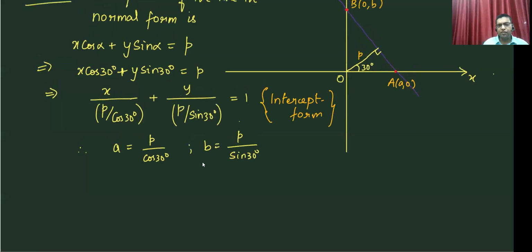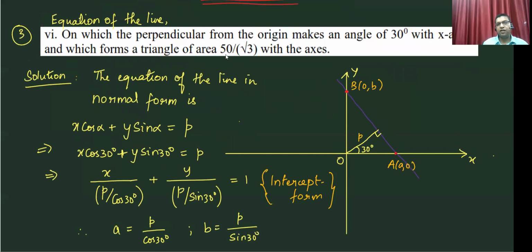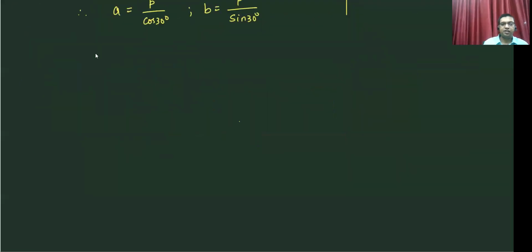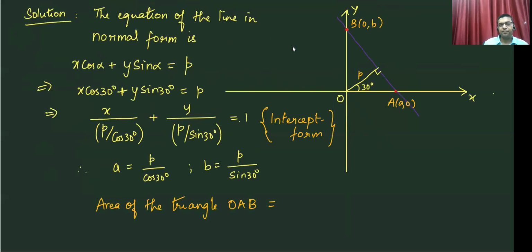Now, what is the area of this triangle? Area of the triangle made by the line with the axis, OAB. Tell me what it will be.